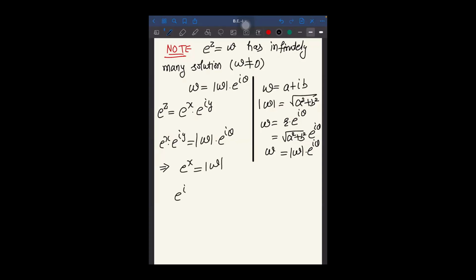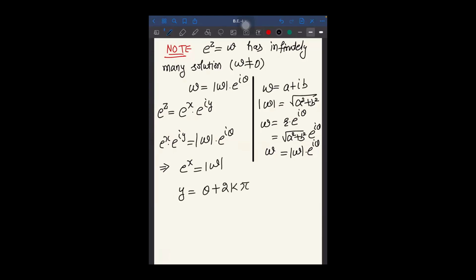And what is your e^(iota y)? e^(iota theta). Okay, tell me, in other words, what is your y? Theta. That is theta plus 2k pi.